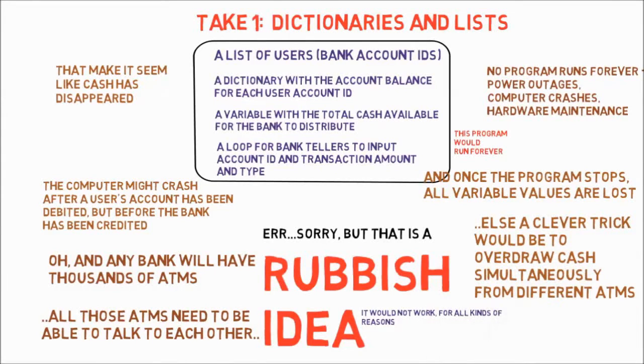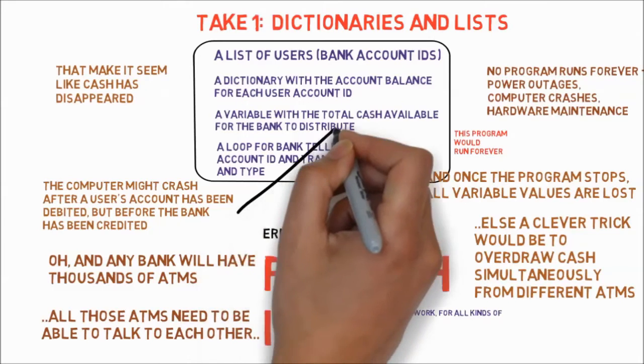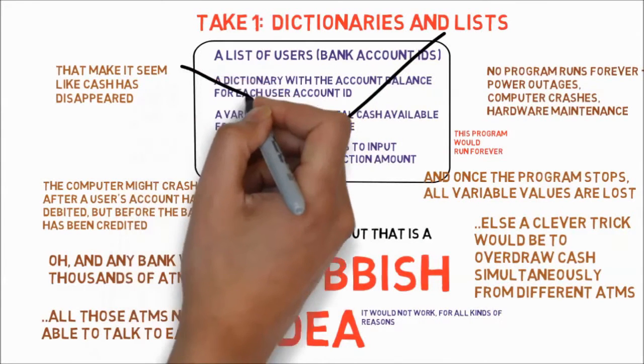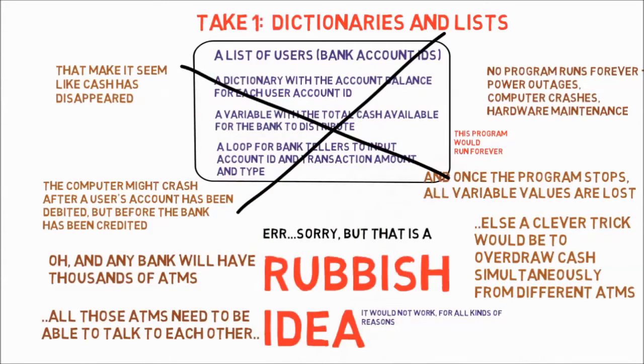So if you withdraw cash several times from different ATMs and they weren't able to talk to each other, you could overdraw the same amount of cash that you have in your account multiple times and no one would be able to catch you. So for all these reasons, using dictionaries and lists to implement a bank ATM is just not a workable idea.